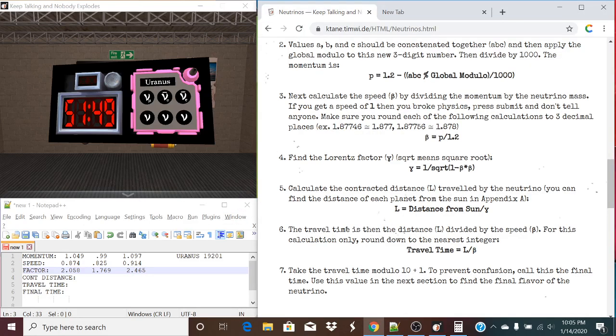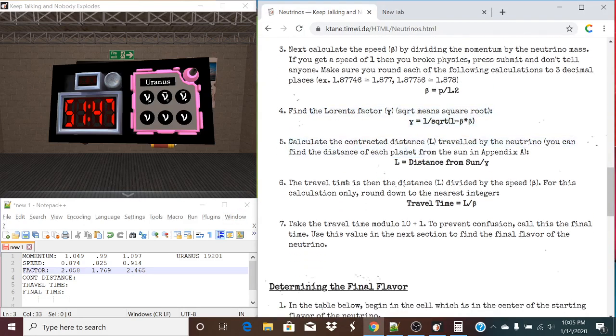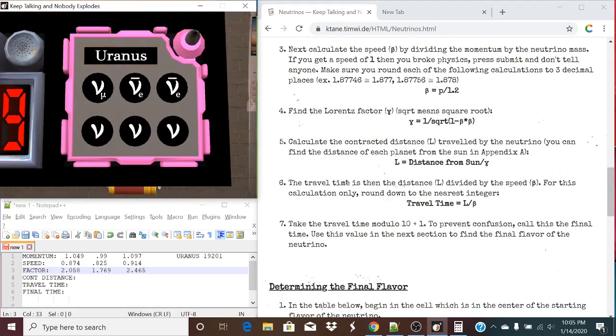Okay. So now that we calculated our Lorentz factor, we're going to calculate the contracted distance. In this case, the uppercase L, for which we have to use our planet and the distance from the sun, which we gathered at the beginning.